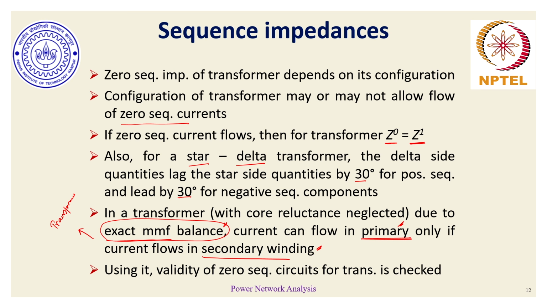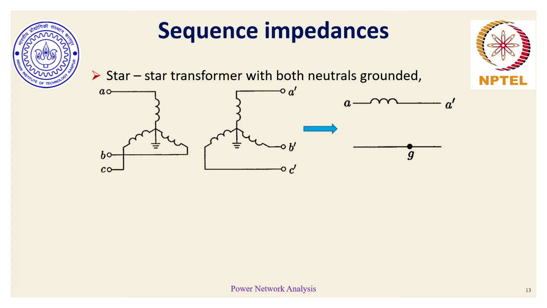So in order to understand the zero sequence impedance for transformers, we would make use of this MMF balancing act and understand whether zero sequence impedance can be present for three-phase transformers. For three-phase transformers, we have 4 possible configurations. Star grounded, star grounded: if zero sequence current can flow, the current IN is going to be 3 times the zero sequence current on the primary side, and let me say INHV and INLV, which is 3 times the zero sequence current on the LV side and the HV side.